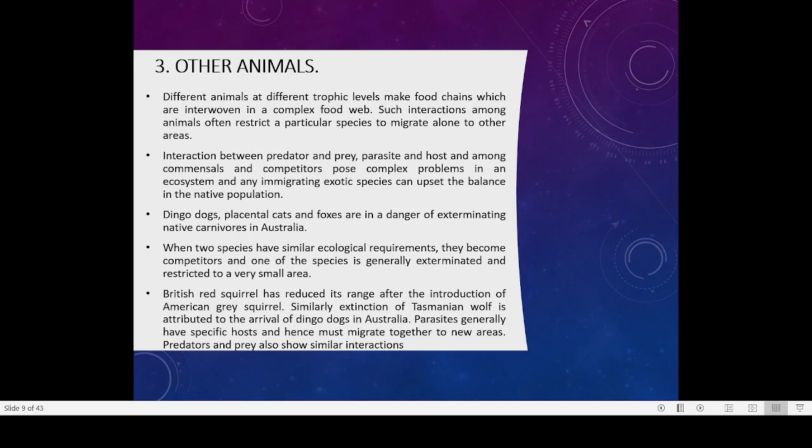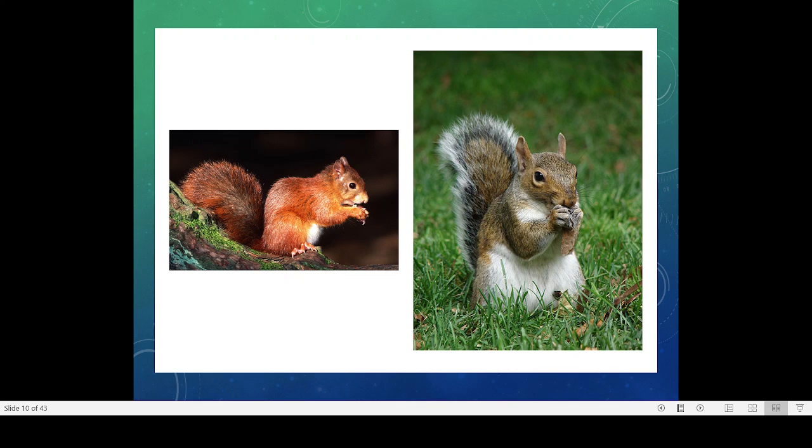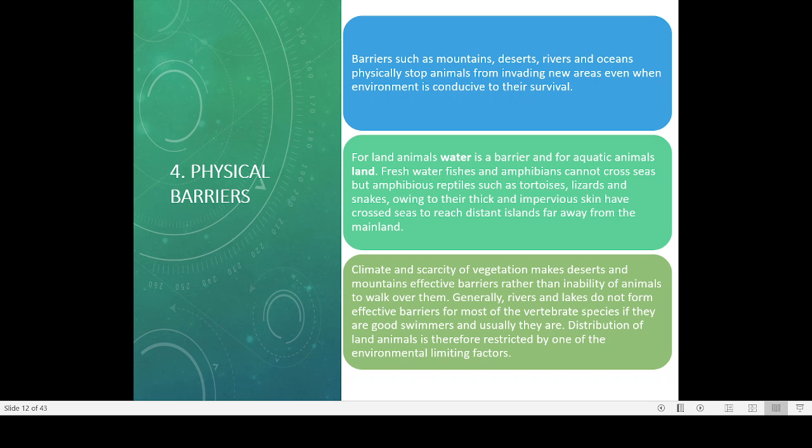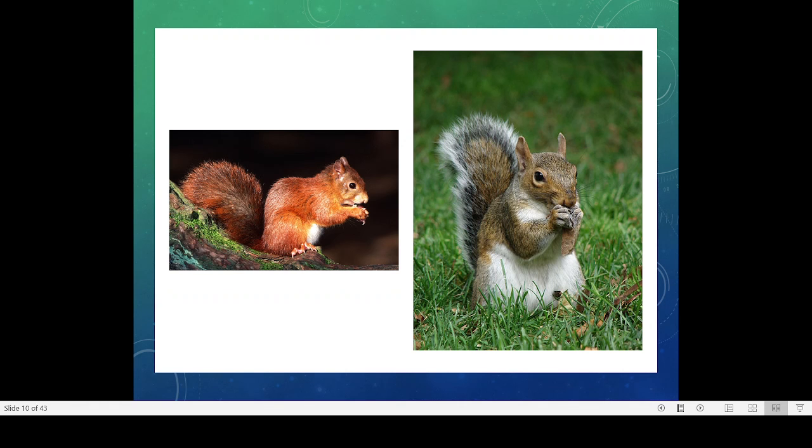Then predator and prey also show similar interactions. That is, in the case of animals also, we find that many animals are dependent on other animals. Without the presence of other animals, one species of animal cannot migrate alone. So when they migrate, sometimes they also take along the parasites and viruses present in their body.